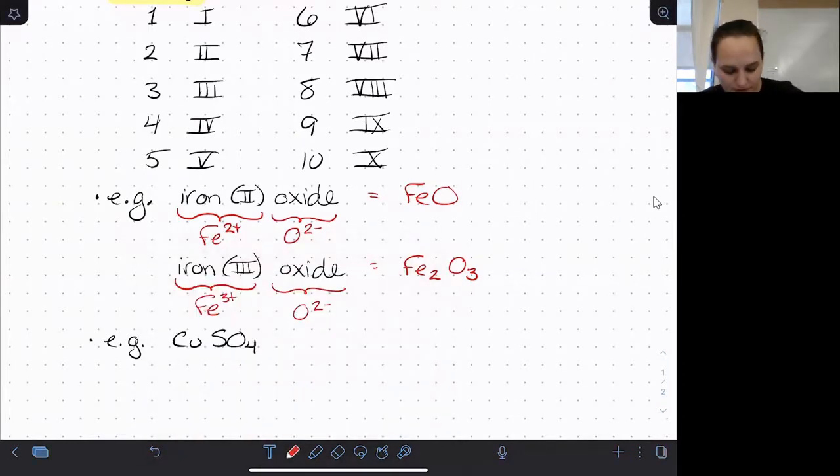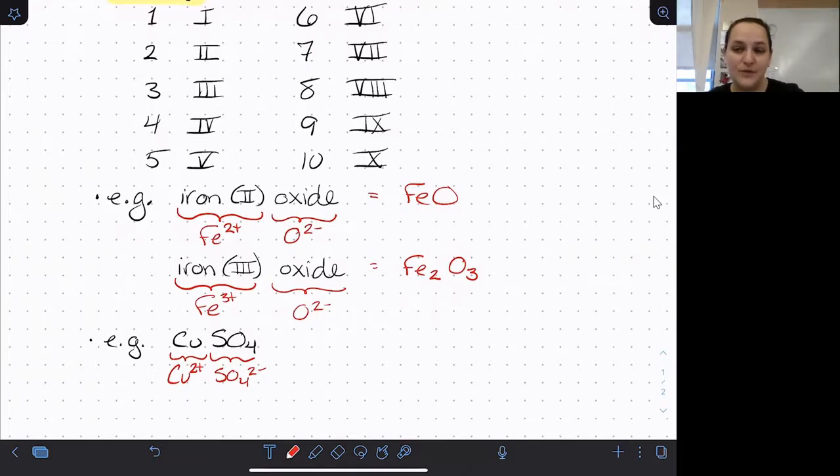If you consult your list on the back of the periodic table, you will find that the charge on a sulfate ion is -2. And if we're given the formula, we know that the charges have to add to 0, and the copper and the sulfate are present in a 1-to-1 ratio. So if the sulfate is -2, then the copper must be +2 to balance it out.